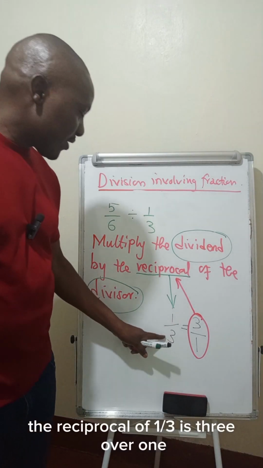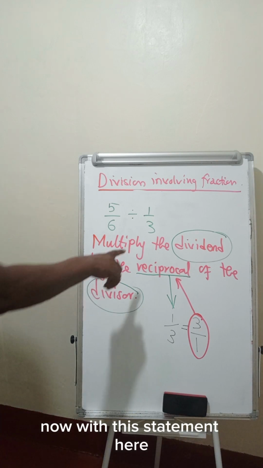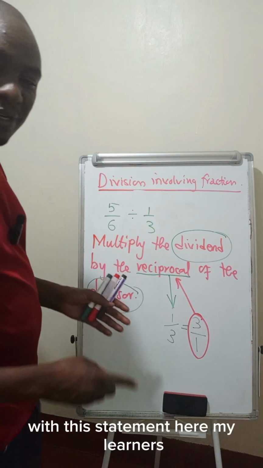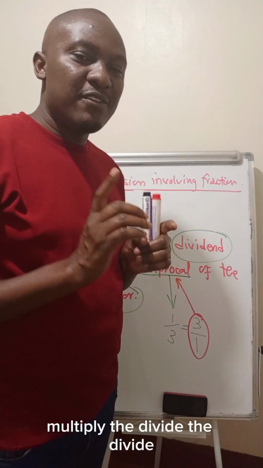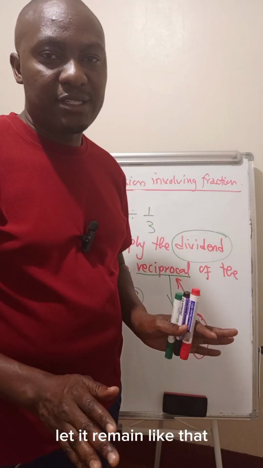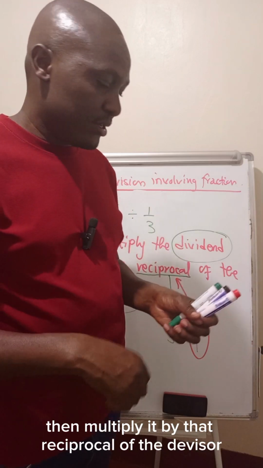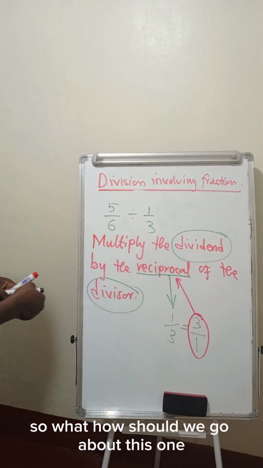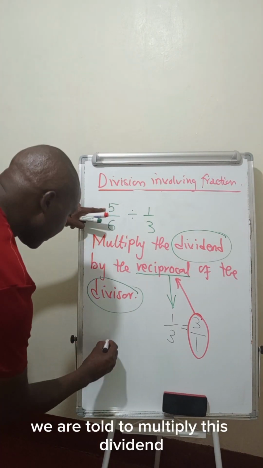The reciprocal of a third is 3/1. Now, with this statement, my learners, I'm still repeating, multiply the dividend. The dividend, let it remain like that. Then multiply it by the reciprocal of the divisor. So how should we go about this one? We are told to multiply this dividend.